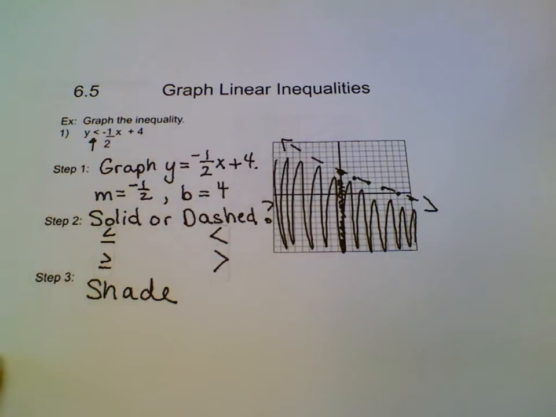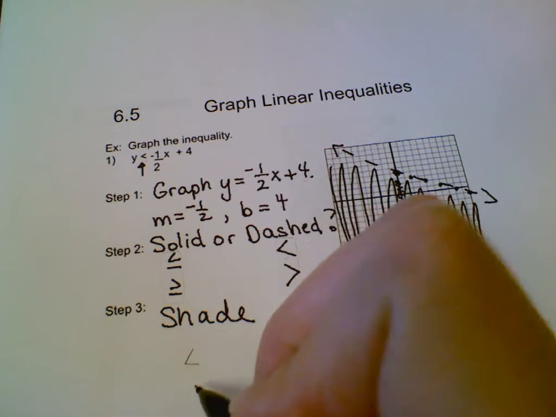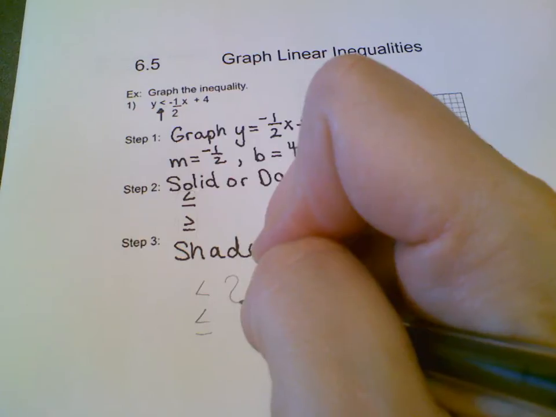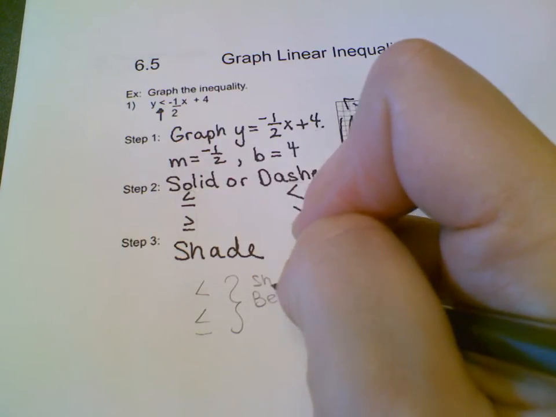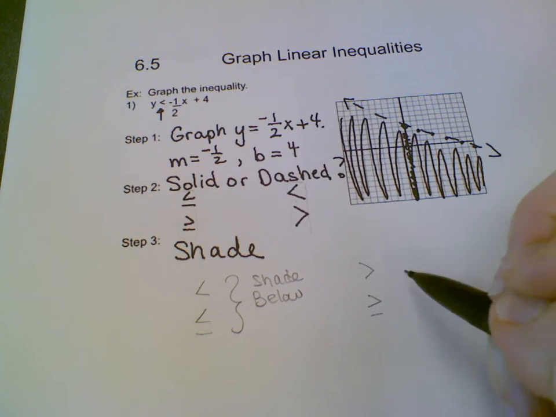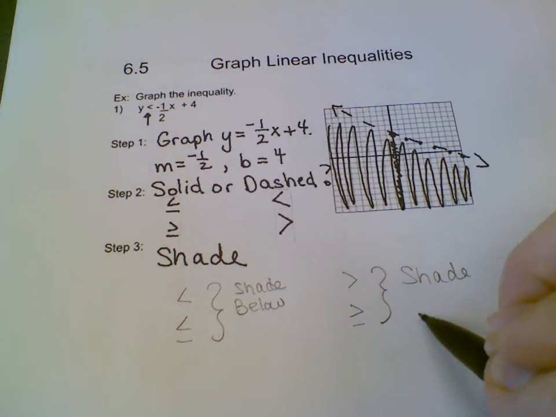The third step in here is that you have to shade. Now, if I have a less than or equal to symbol, I am going to shade below my line. If I have a greater than or equal to symbol, I am going to shade above.